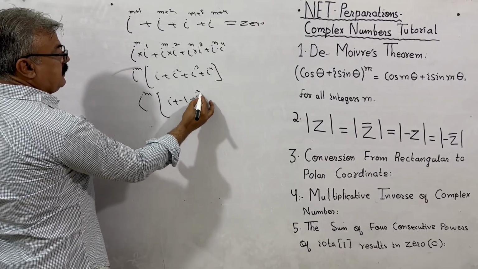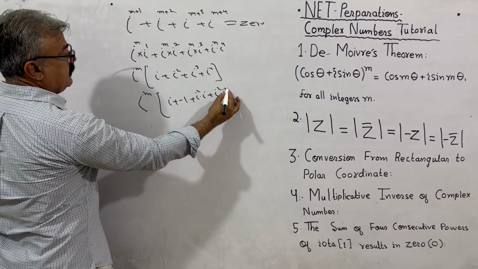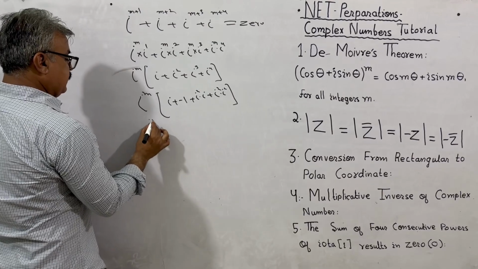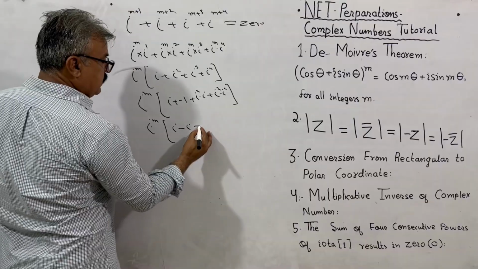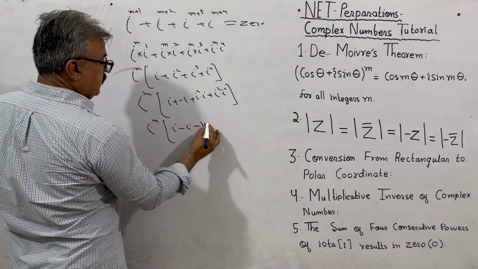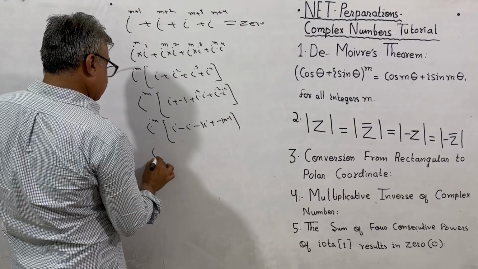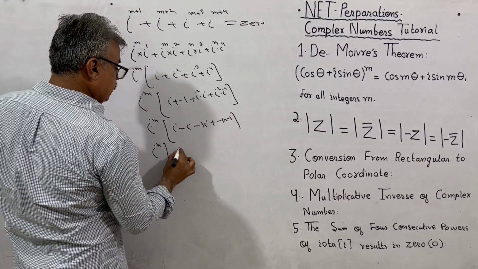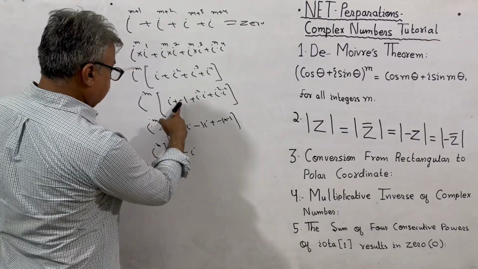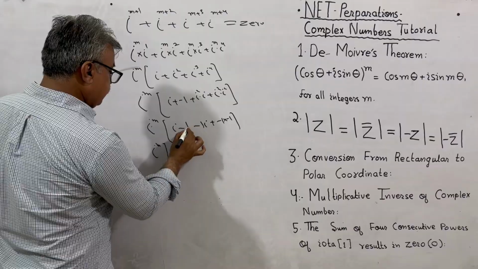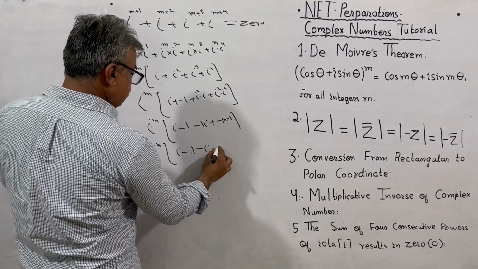Iota cube means iota square into iota, which is minus iota. Iota 4 means iota square into iota square, which is minus 1 into minus 1, which is 1. So iota power m times iota minus 1 minus iota plus 1.